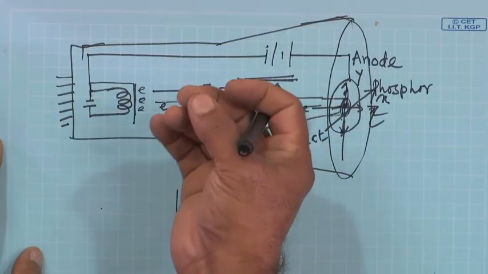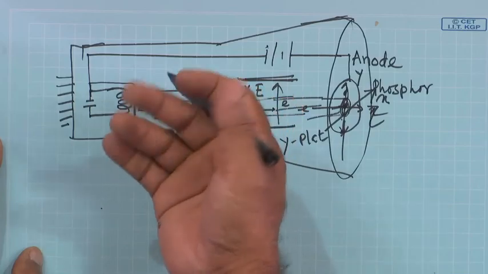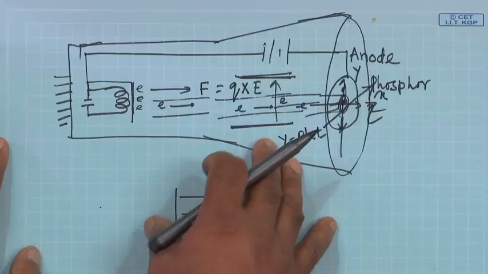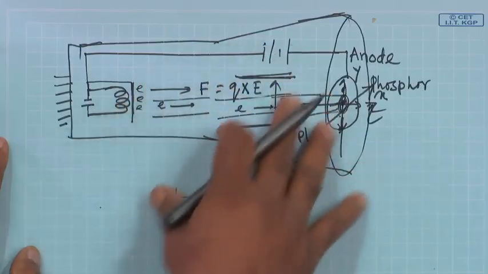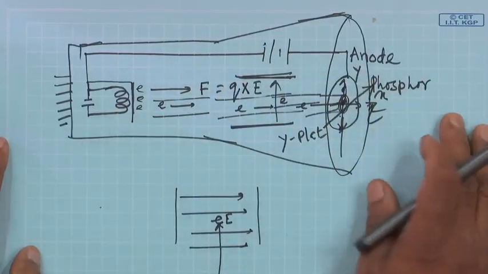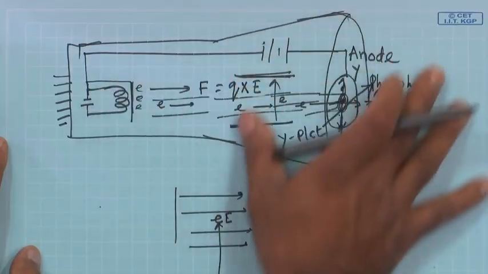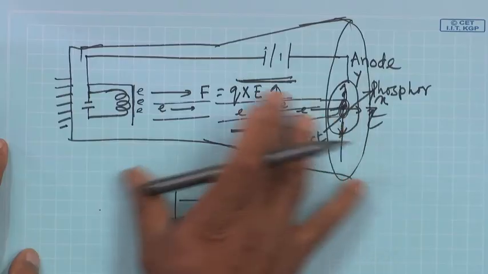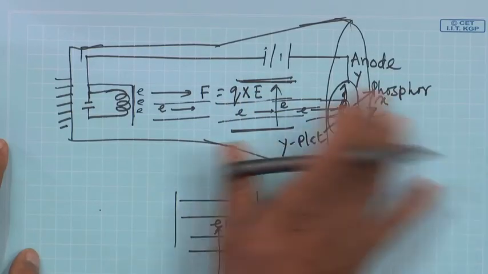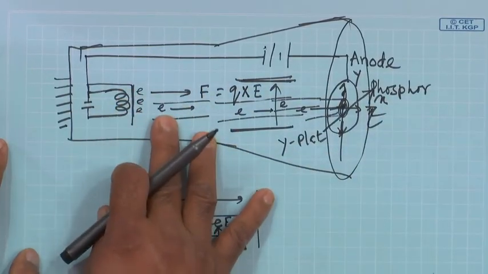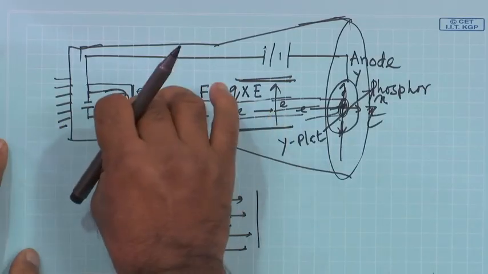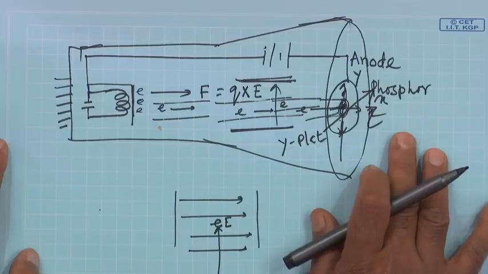Also it will glow due to collisions with the air molecules, so the tube will glow inside itself if it is filled with air. So, we need vacuum, because we want the electrons emitted from the filament or cathode to reach the screen without deviation.